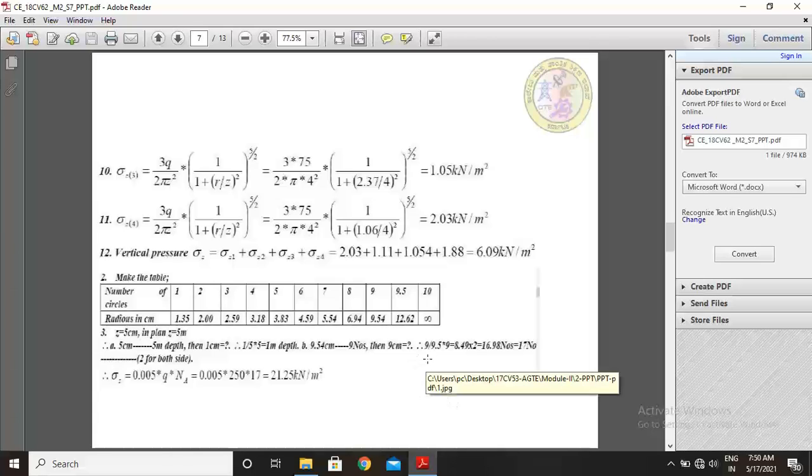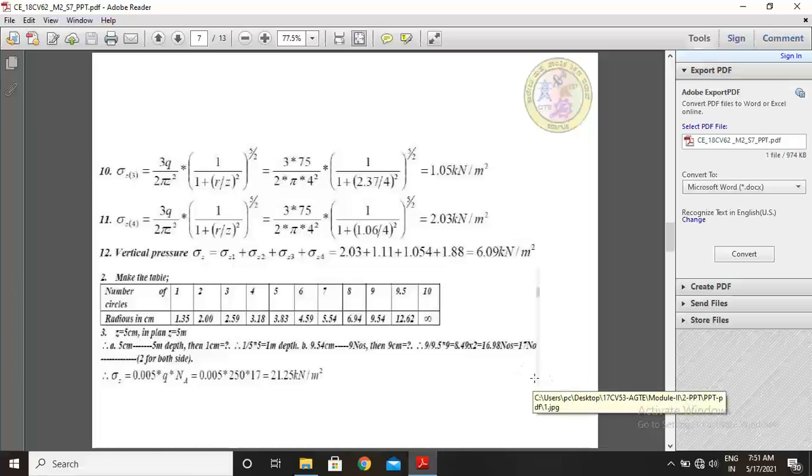Therefore 9 by 9.5 into 9, we get the answer 16.98, which is nothing but 17 circles. Then 2 for both sides. Why are we multiplying by 2? We want to consider complete circles, so that's why we multiply by 2.